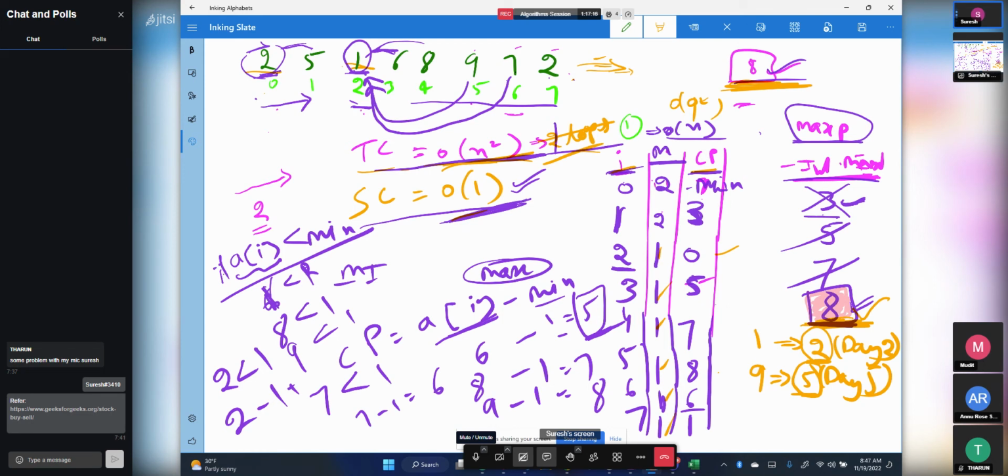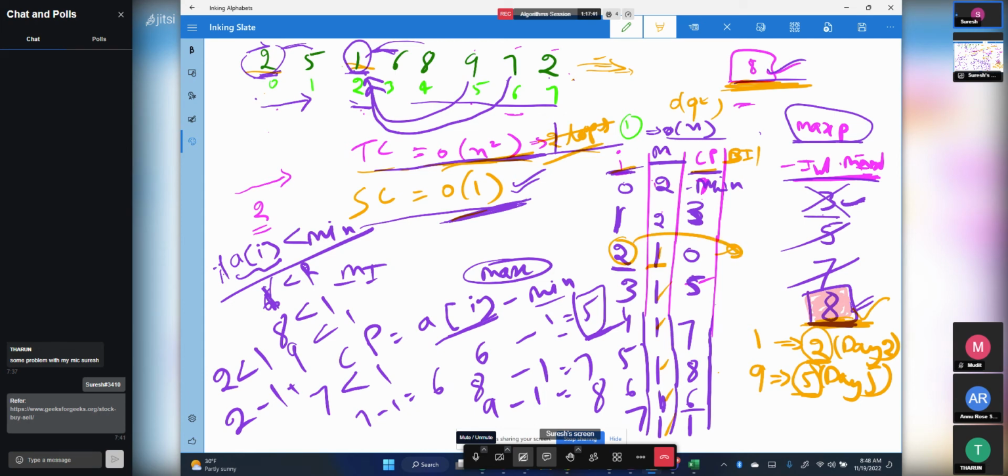Very easy, actually. By looking at the table, you can tell. We can keep one more variable, buy index, for when to buy. Buy index will be at the minimum value. Exactly. Whenever you find a minimum, immediately store this index.